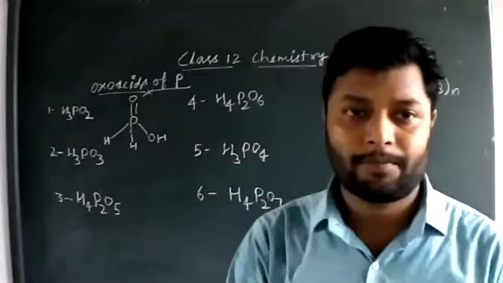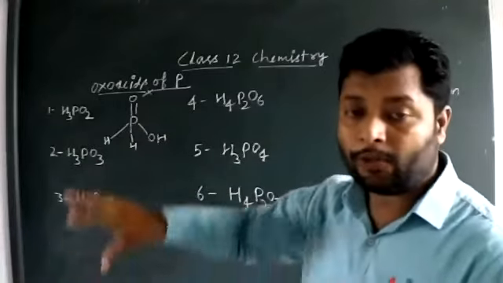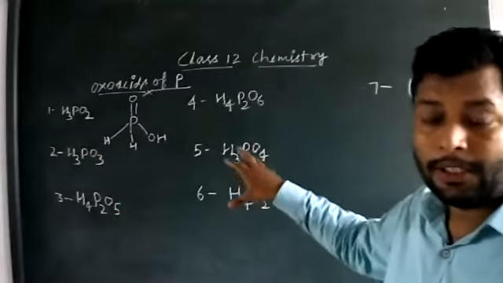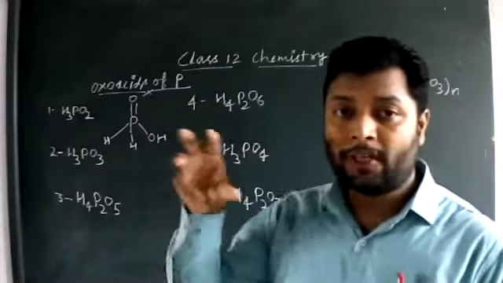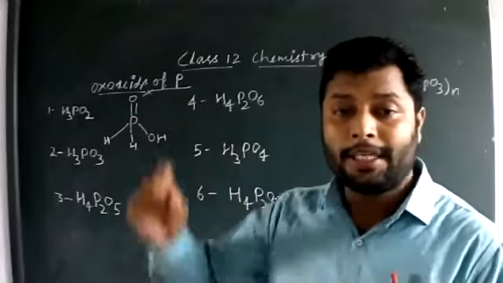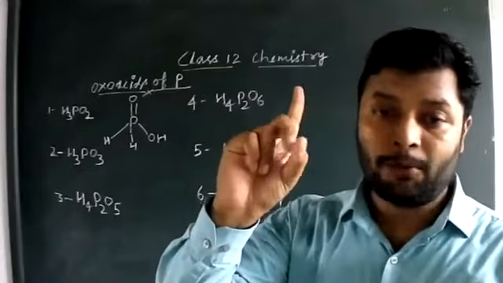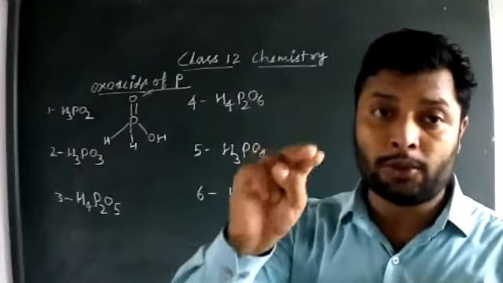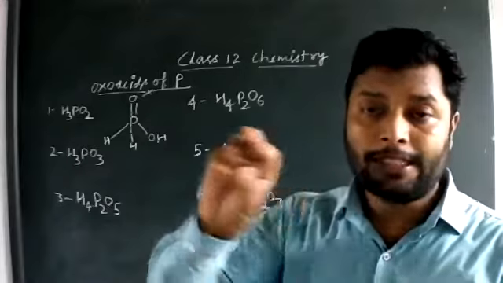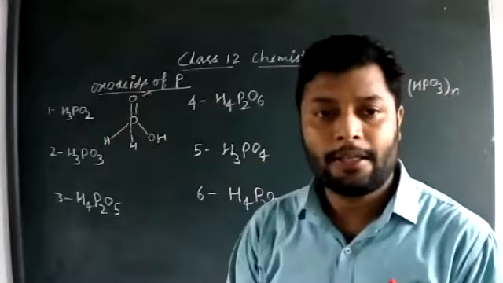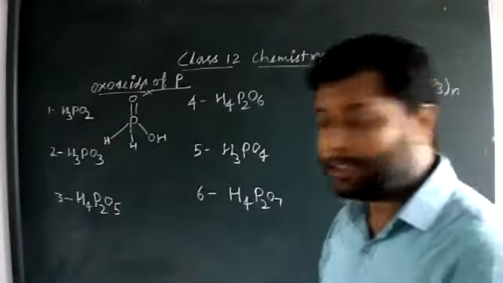So whenever you are going to draw the structures, 3 things should be common in all of them: P double bond O should be there, at least 1 P-OH bond should be present, and structures should be tetrahedral.